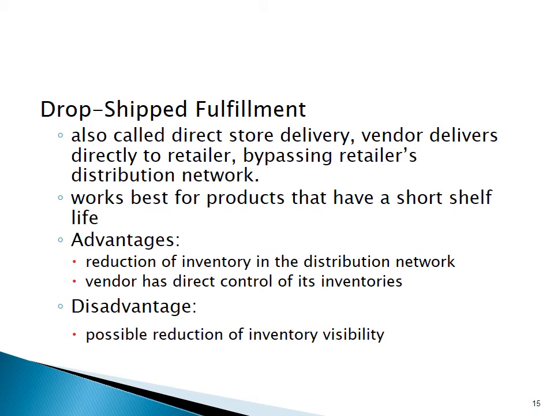So the advantage is reduction of inventory in the distribution network. Vendor has direct control. The manufacturers directly have control over the distribution. But for the retailer, there is possible reduction of inventory visibility. He doesn't have goods in his distribution network, so he may not know exactly when the trucks are going to come. It is at the whim of the manufacturer.